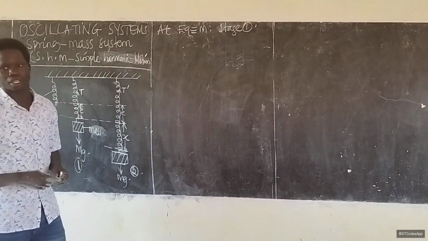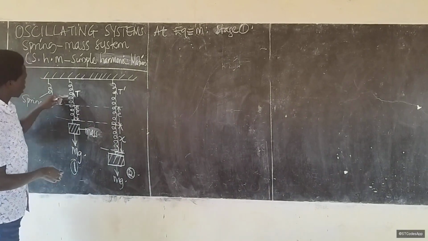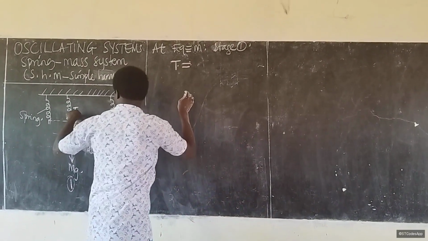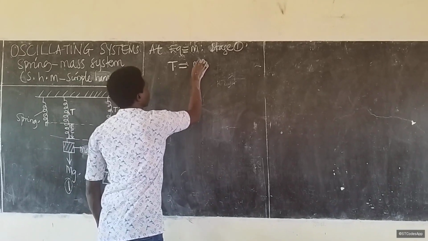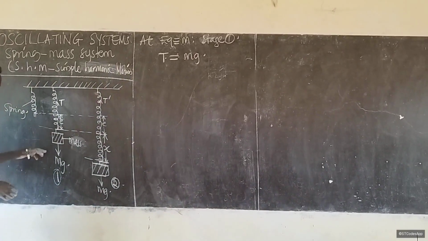So at stage 1, we shall have an equilibrium. We shall have that the tension force T is equal to mg. T is equal to mg in this case.